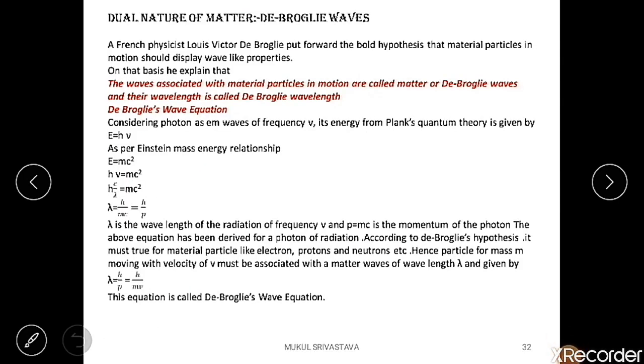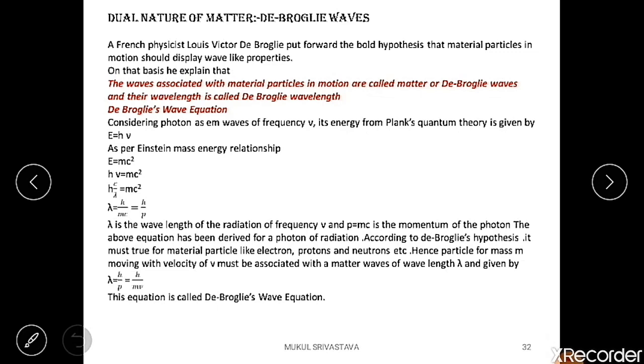Dual nature of matter was explained by de Broglie, and he suggested that a matter particle in motion will display wave-like properties. To explain this, he used the Einstein mass energy relationship. According to this, E equals mc square, where E represents the energy, m represents the mass, and c represents the speed of light. According to this relation, he said that there is a symmetry between mass, that is matter, and radiation.